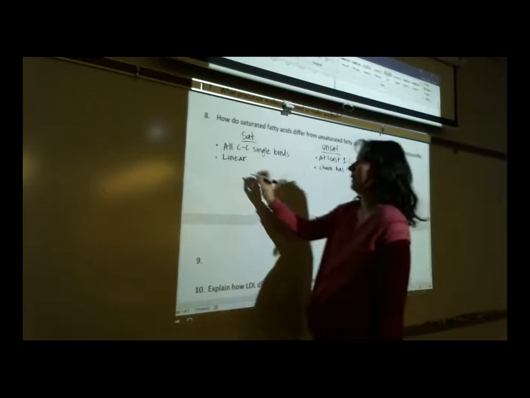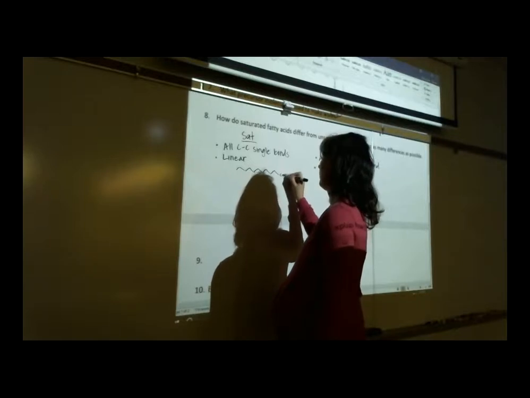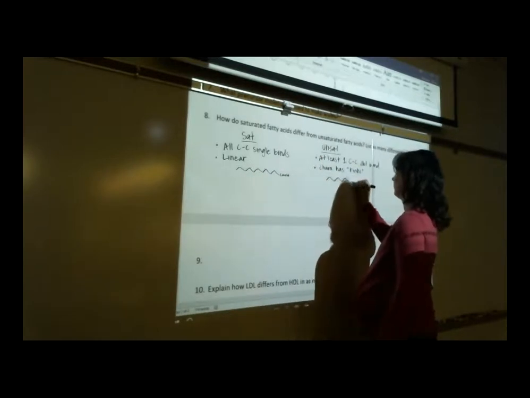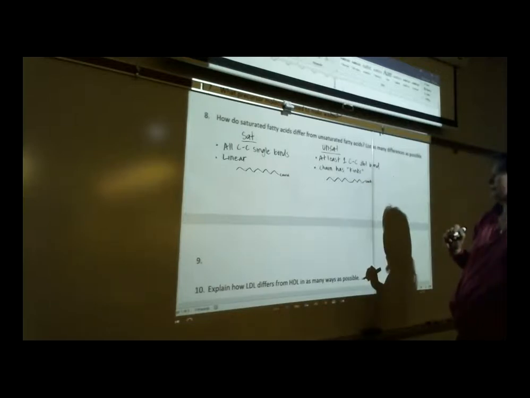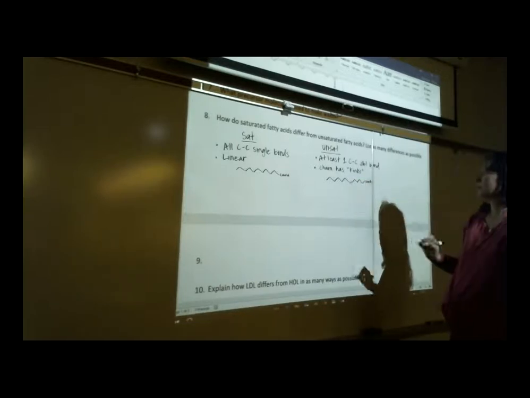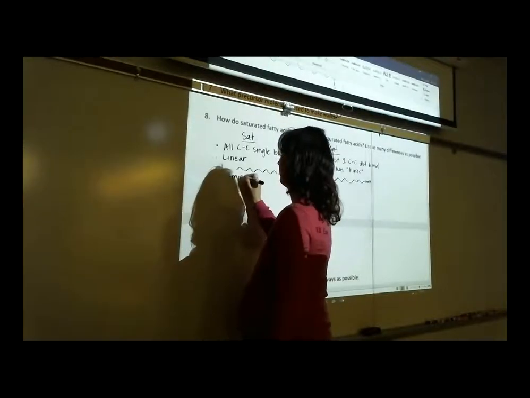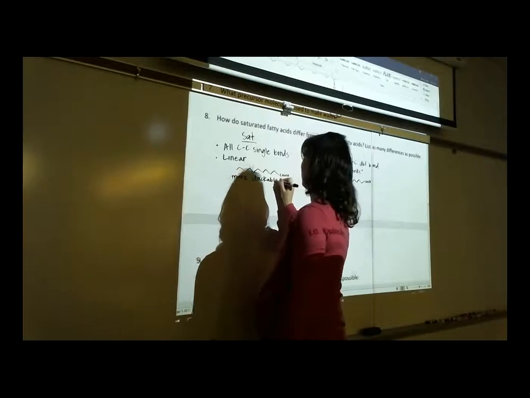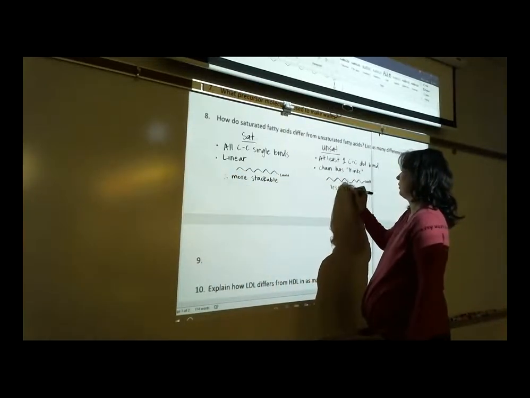So if we're looking at stackability, which one's more stackable? Right, these are more stackable. Therefore, these are less stackable.